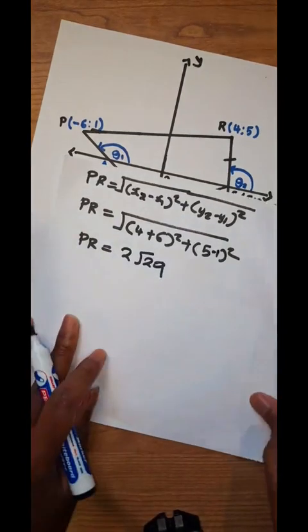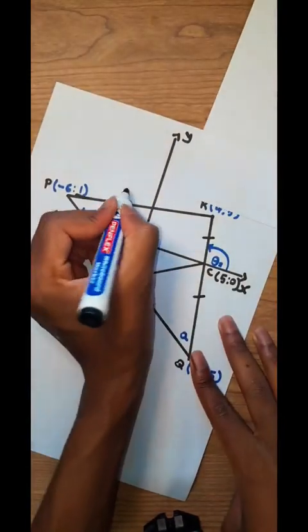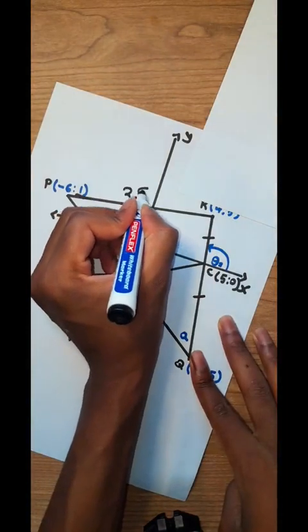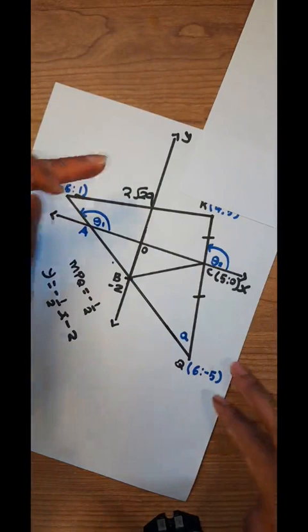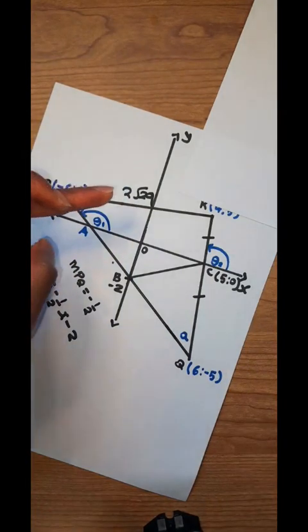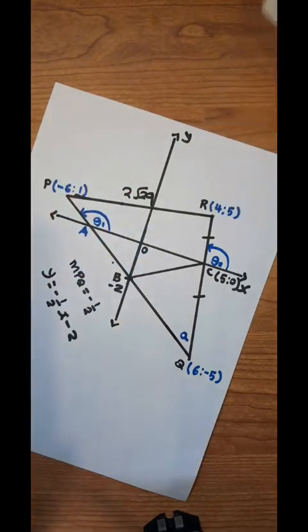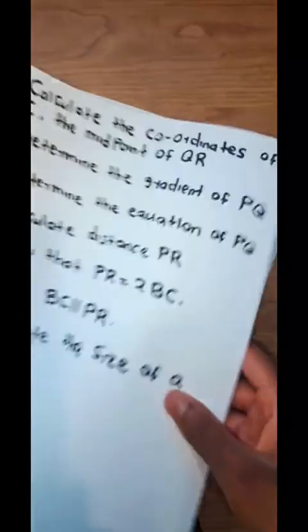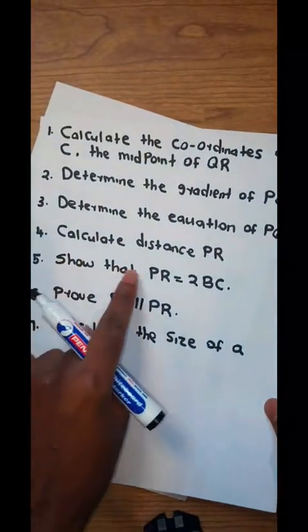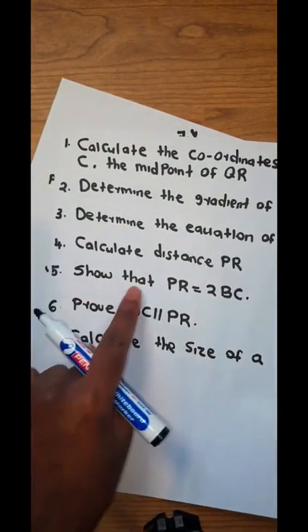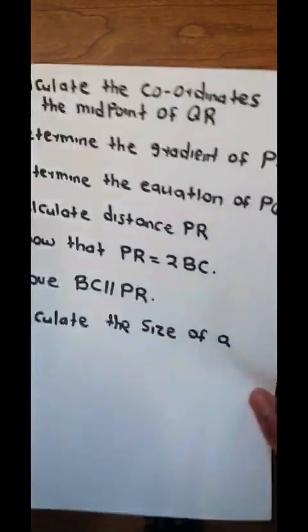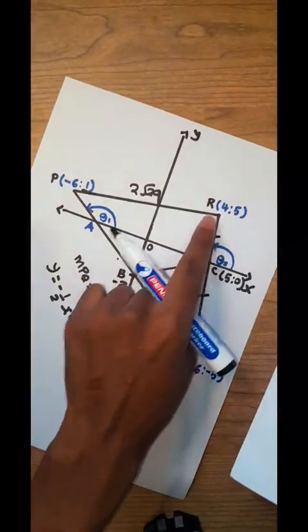So I immediately come here and say the distance here is 2 root 29. You just write that information on your diagram. Now the next question says, show that PR equals 2 BC. We need to show that PR equals 2 BC. Okay, PR, where's BC?